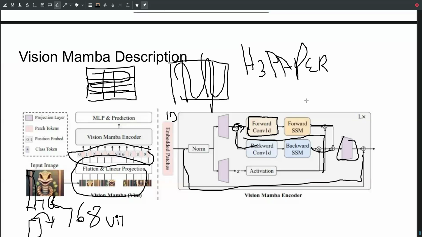They came up with adding an SSM at the Q value, K, and V.